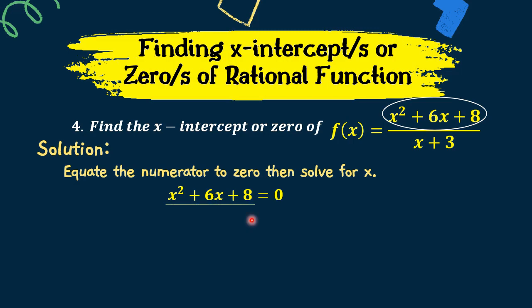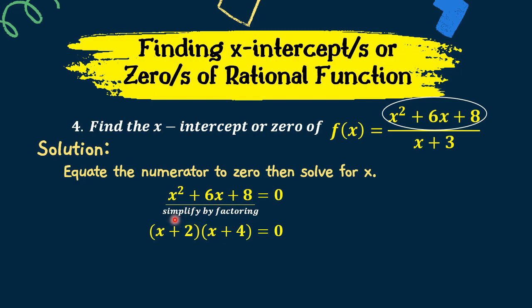So first, we have to simplify this polynomial by factoring. If you have recalled the lesson on how to factor a quadratic polynomial, it is expressed in this form. So the factors of this polynomial are (x + 2) times (x + 4).